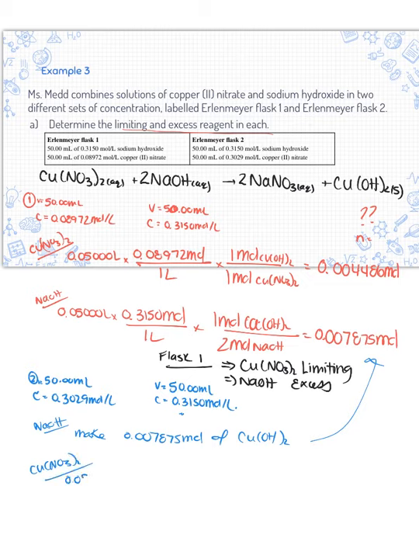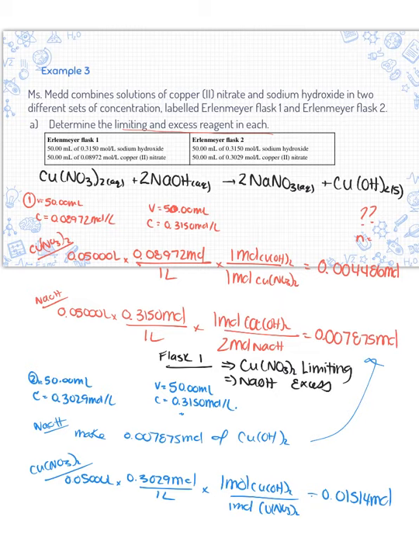So we need to calculate copper nitrate again though, because it is slightly different. So 0.05000 liters times 0.3029 moles per 1 liter. Our mole ratio hasn't changed. And in this case, we get 0.01514 moles of copper hydroxide.